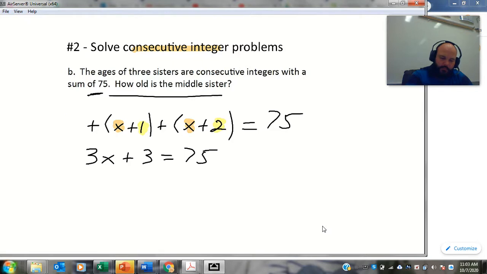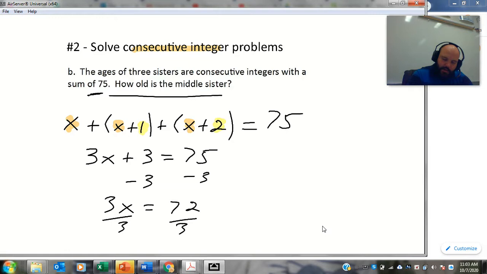Now we are going to solve this by subtracting 3 from both sides, and we get 3x equals 72. And when I divide both sides by 3, I get x equals 24.